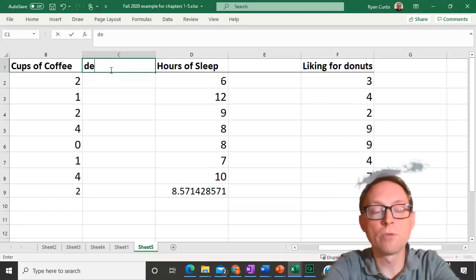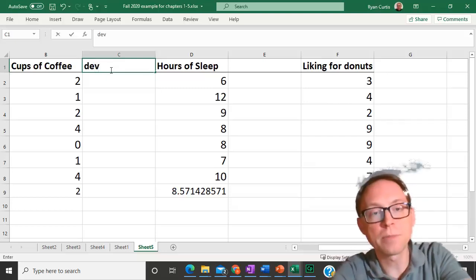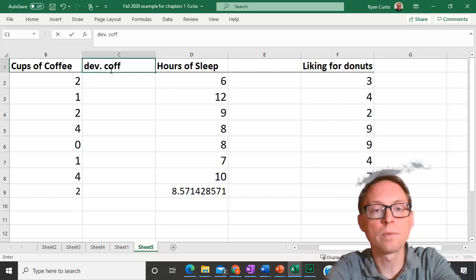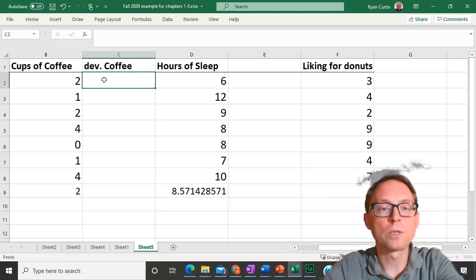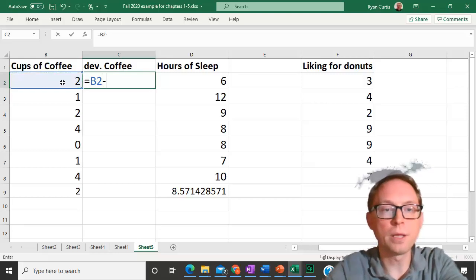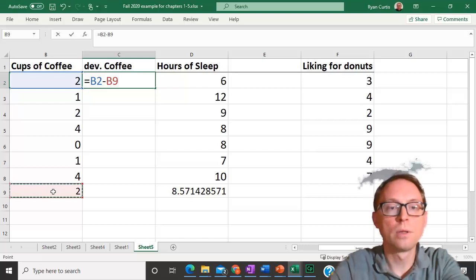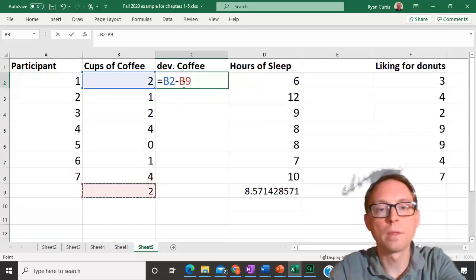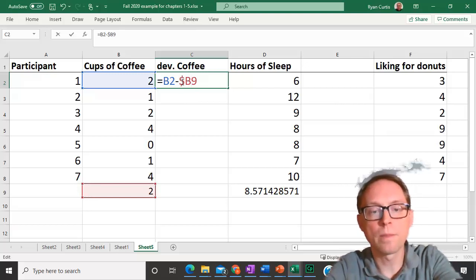Remember, we're trying to get the covariance, so we need to get the deviations times the deviations. So this is deviations of coffee. Participant 1 drank 2 cups of coffee minus the mean, which is 2. The mean number of cups of coffee is 2.